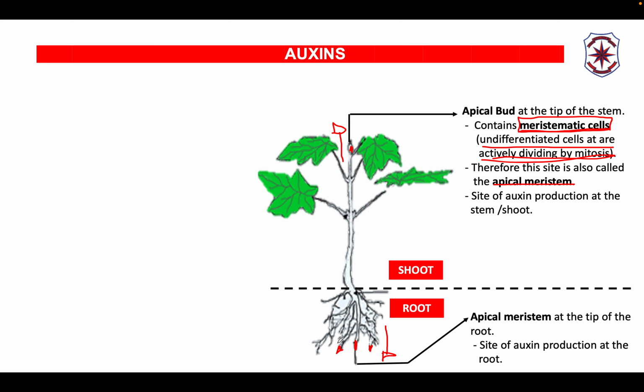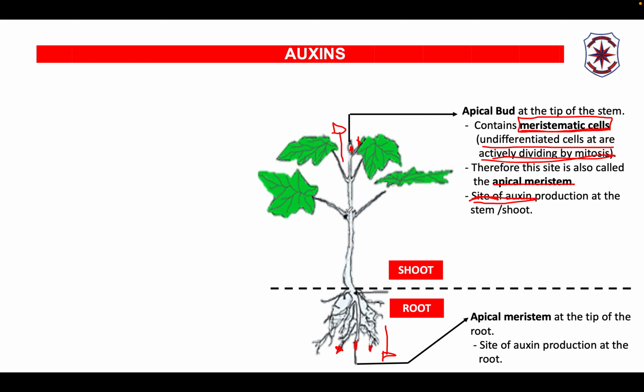In these meristematic regions, the tip of the root and the tip of the shoot, that is where most of the auxins are primarily produced. We are going to talk about what auxins are and what they do just now, but I just wanted you to know where the auxins are produced. Actually, auxins are produced wherever there is growth.